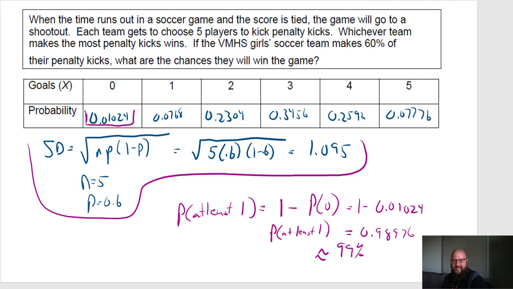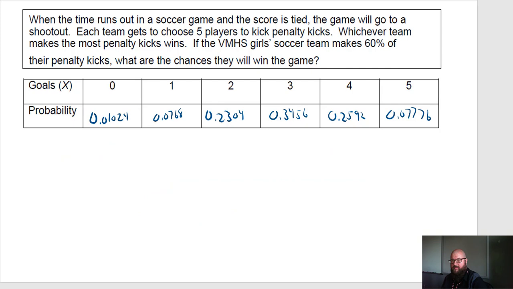All right, so let's say the other team is expected to make 3 goals. So what is the probability that the VMHS girls team wins? Well, for them to win, we could do one of 2 probabilities. If the other team's going to score 3, we'd want to know the probability that they make greater than or equal to 4.